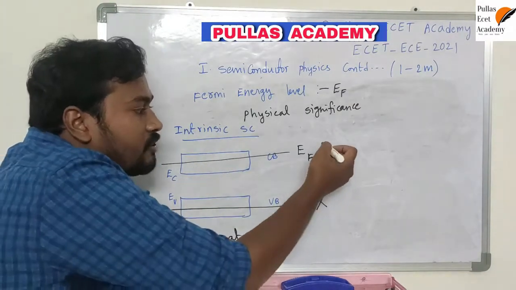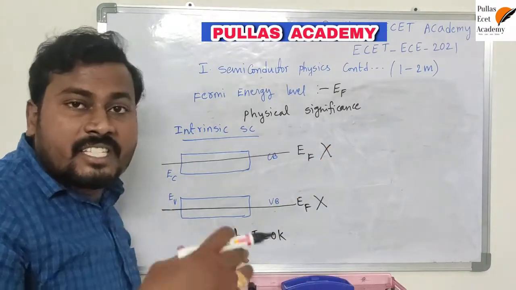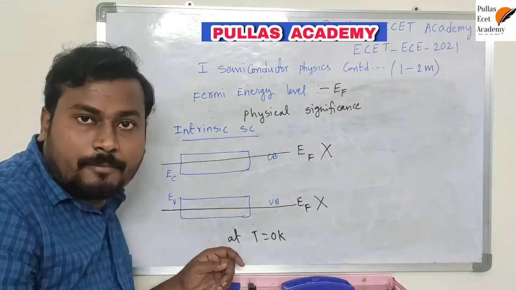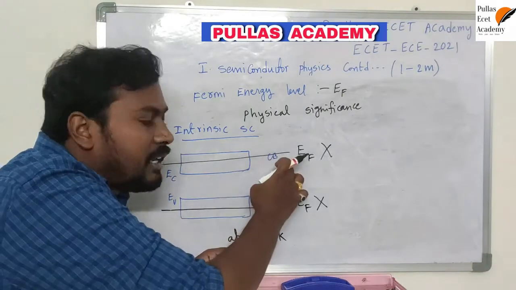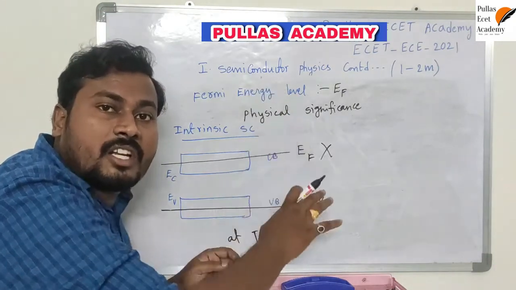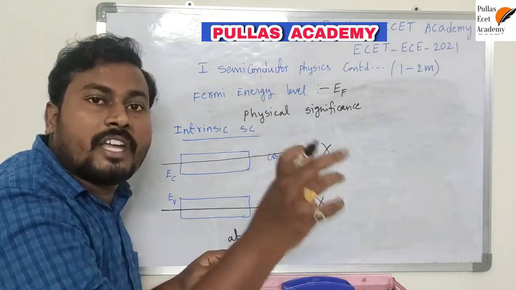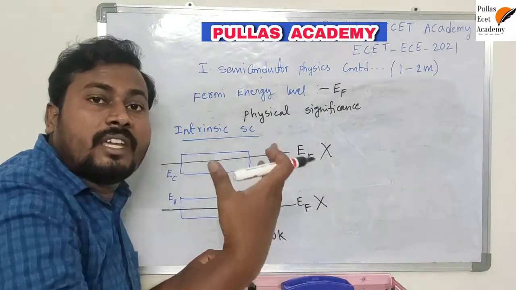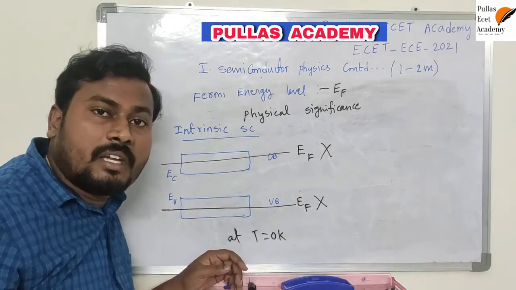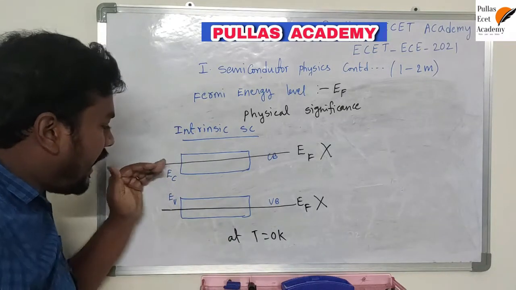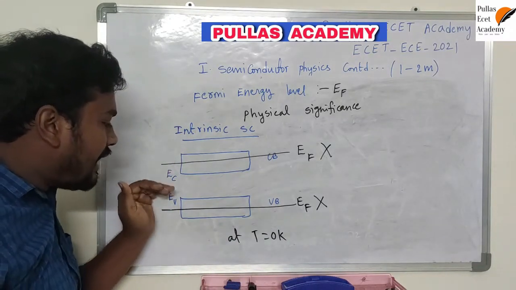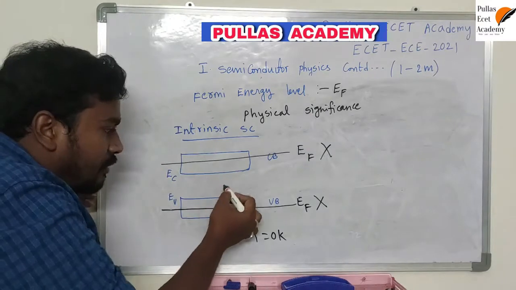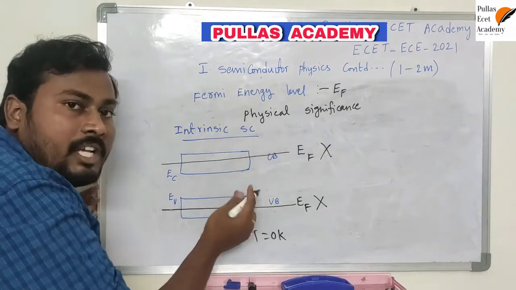So at any location where the definition of the Fermi level fails, we cannot keep the Fermi level. Where can we keep this Fermi level for the intrinsic semiconductor? Anywhere in between the valence band and the conduction band.